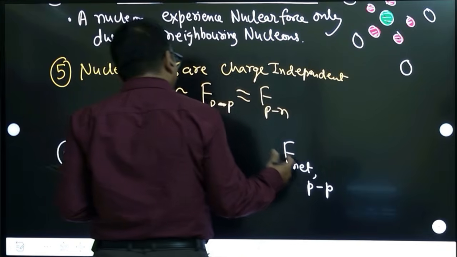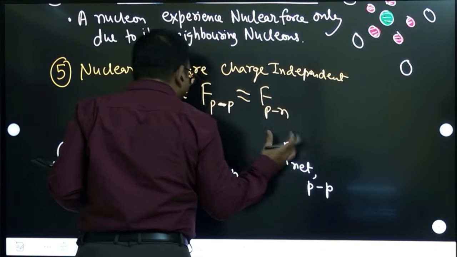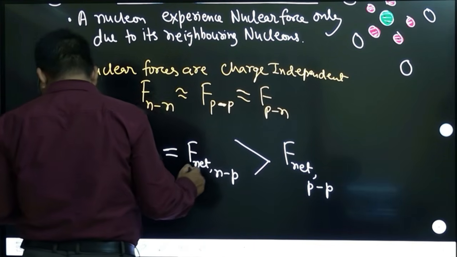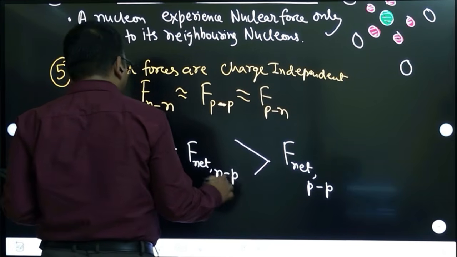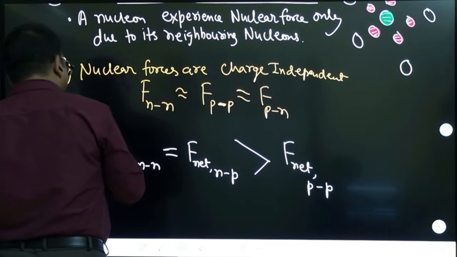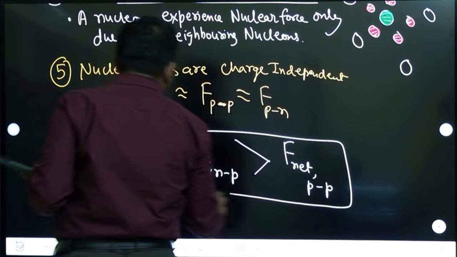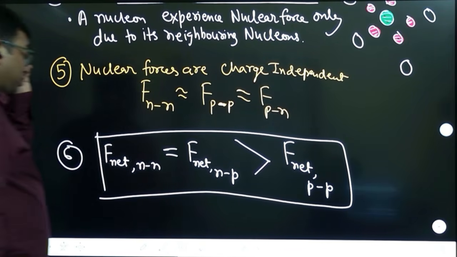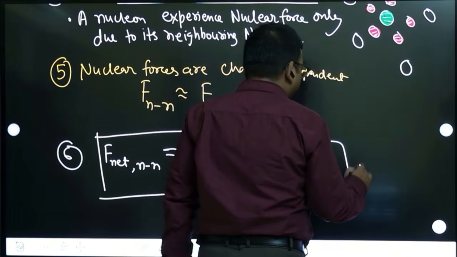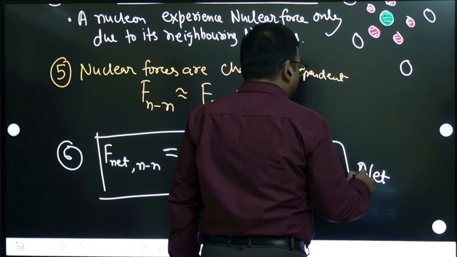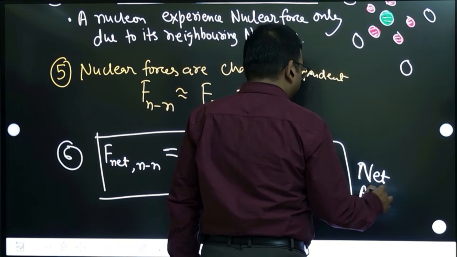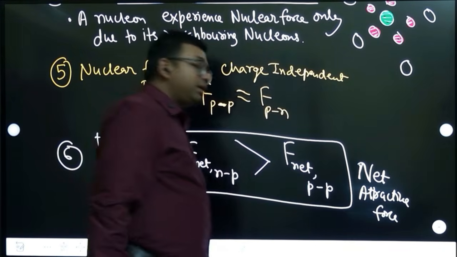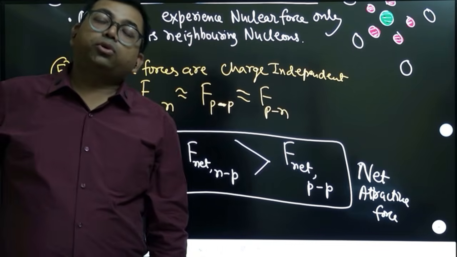But the net force between protons is smaller, because protons have some repulsion between them, so the attractive force decreases. That's why this is going to happen. We are talking about the net force. Net force means net nuclear force, the resultant force which involves the total forces. So this is the net attractive force we are talking about. Why is the net attractive force between protons smaller?